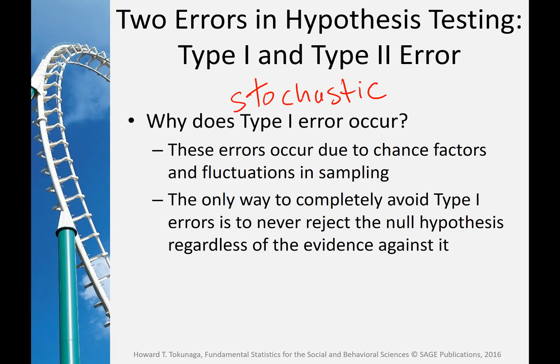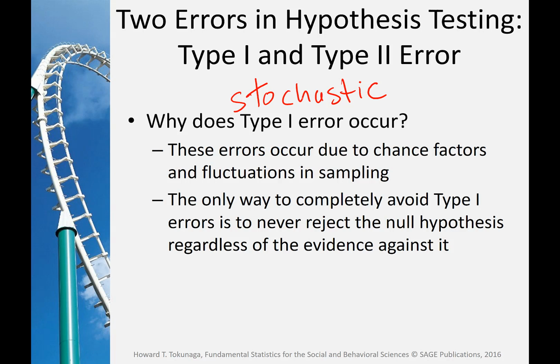So because type 1 error is user generated, right? We're using a sample. The only way to eliminate type 1 error is to never reject the null hypothesis. So it's abstinence. You don't want to get pregnant, never have sex at all.